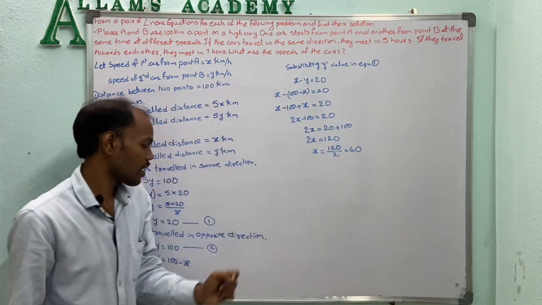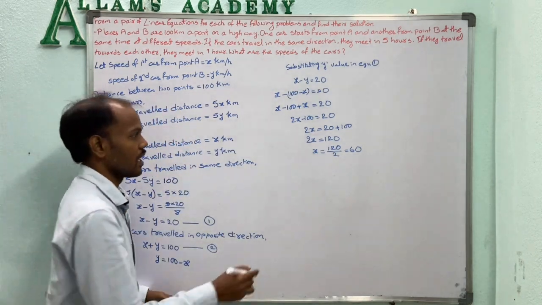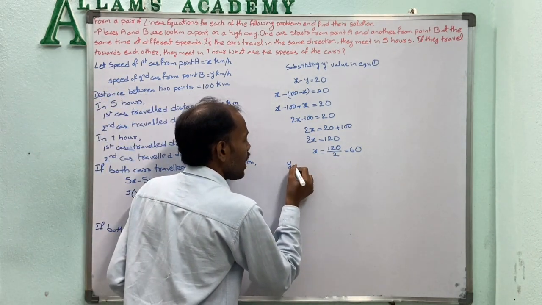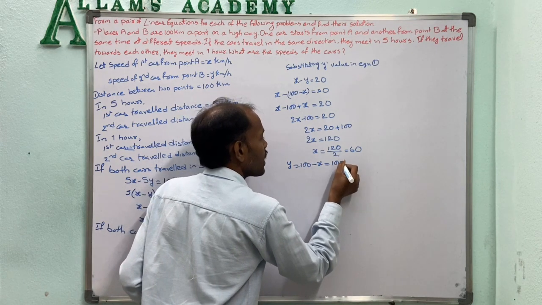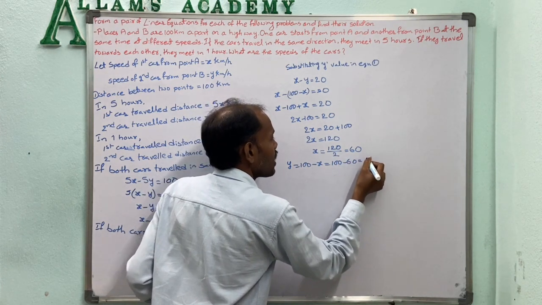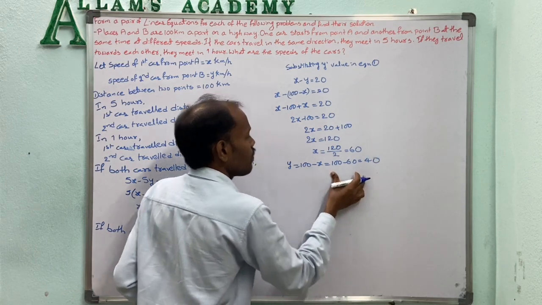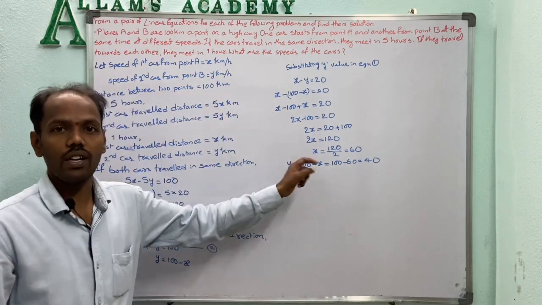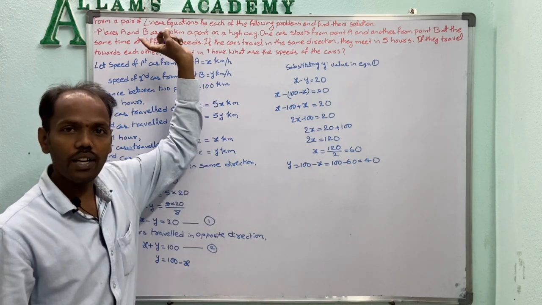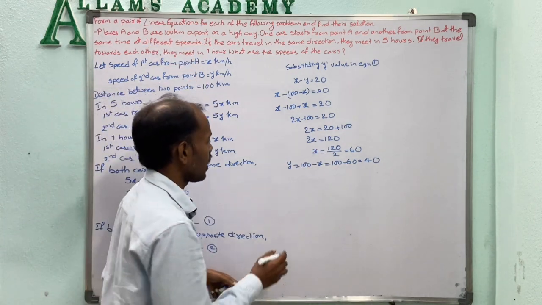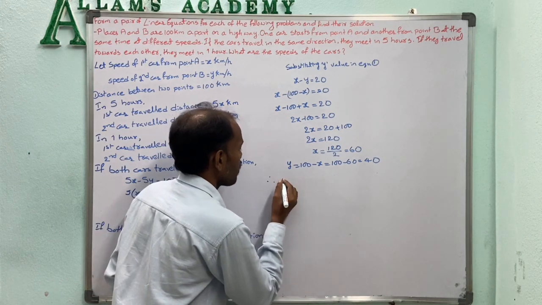Now substituting x equals 60 here, y equals 100 minus x, that means 100 minus 60 equals 40, so y equals 40. So x and y are nothing but the speeds of car A and car B from point A and point B.